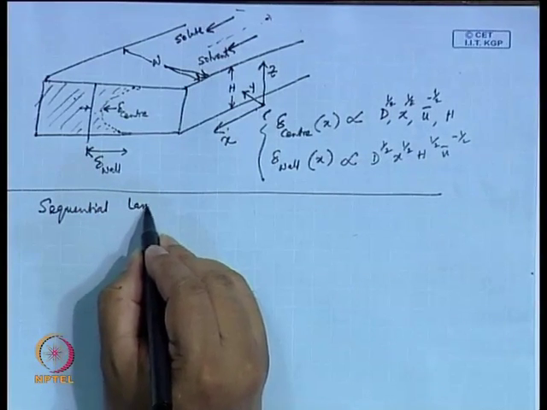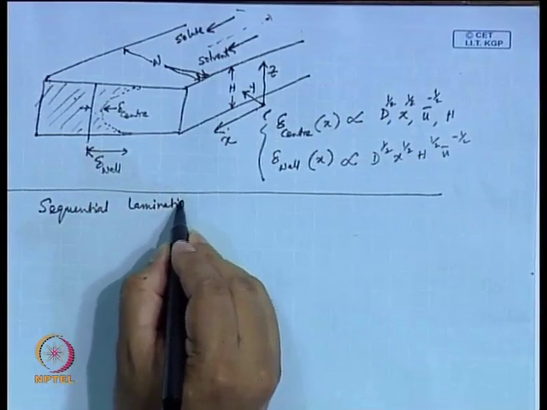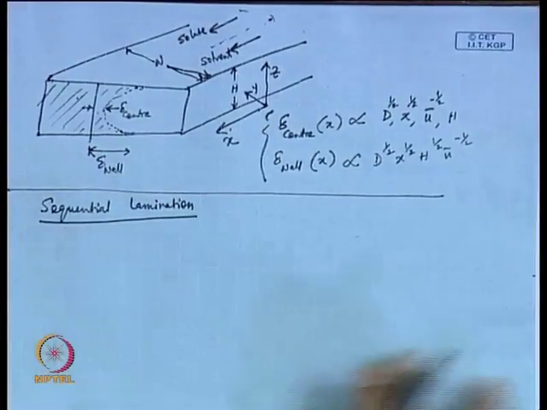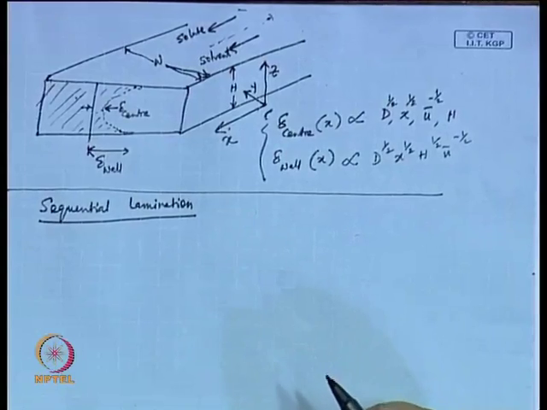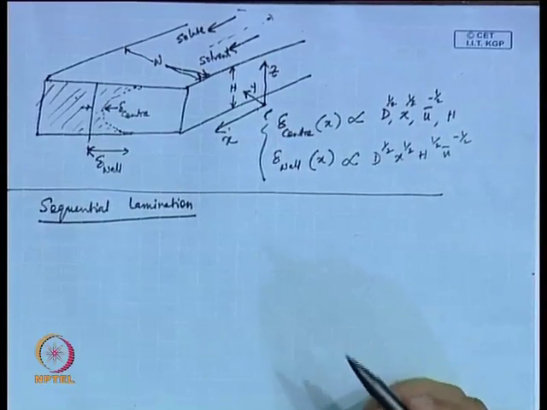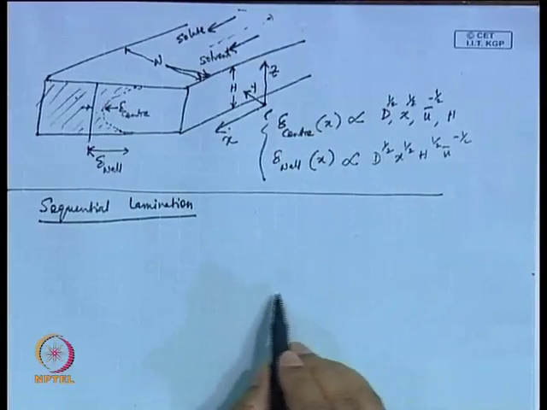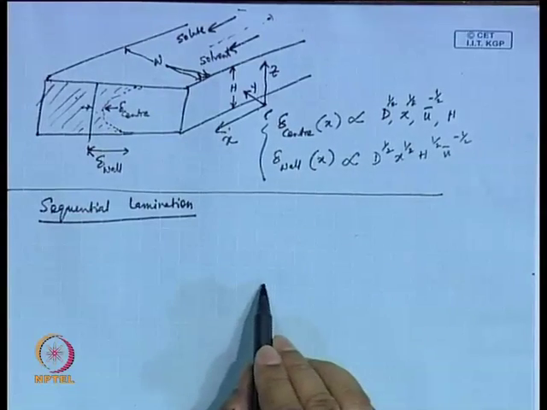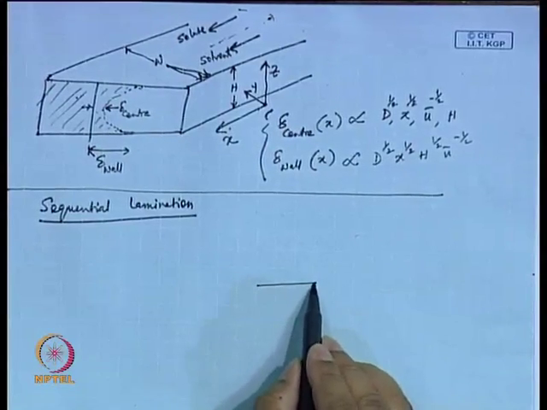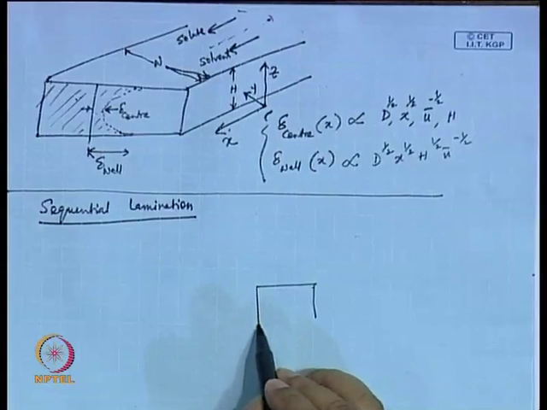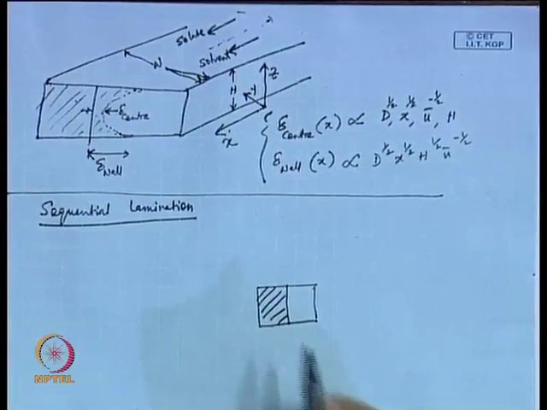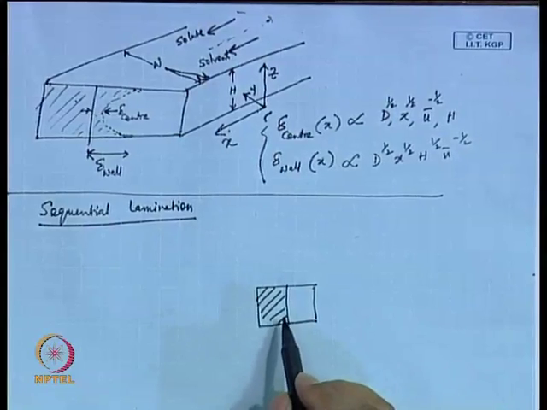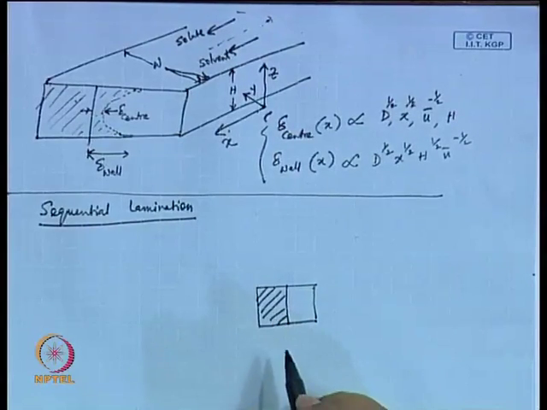So, the next topic that I pick up now is sequential lamination. Suppose I have two streams coming here. One is your so called solute stream and the other is solvent stream.